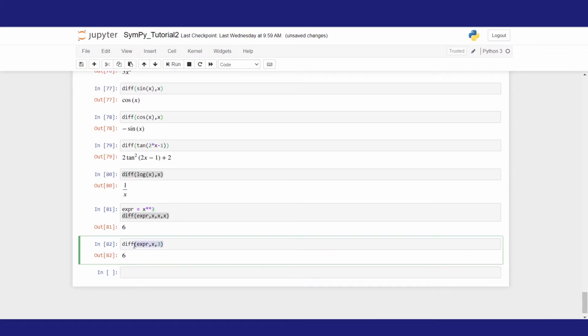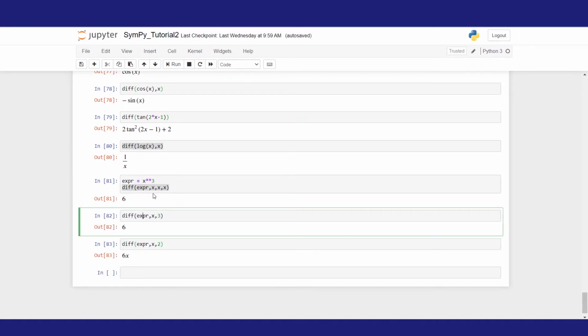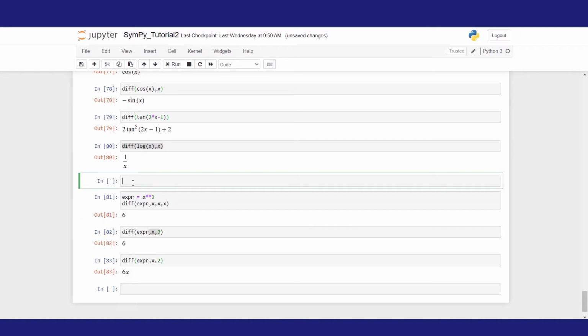If you wanted maybe to differentiate 2 times, then I would say I have x, then 2 times, and then run that. That will give me 6x. So basically this gives us the number of times you want to differentiate the function, and that lets us complete the whole thing of finding the derivatives or differentiation.